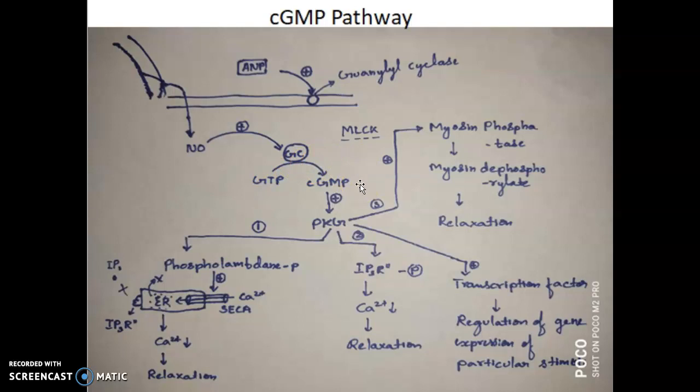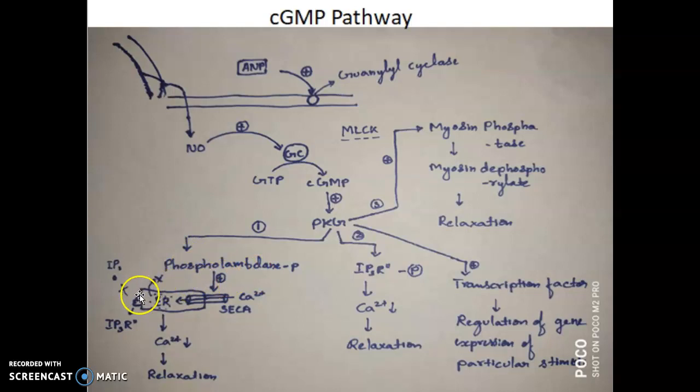Like in the case of the cyclic AMP pathway, where AMP is converted into cyclic AMP by using the enzyme adenylyl cyclase, here cGMP activates protein kinase G. This protein kinase G phosphorylates a protein called phospholamban.